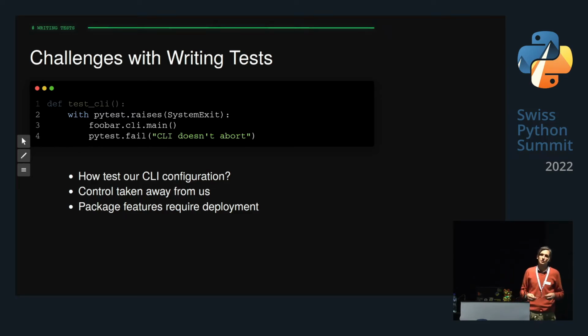Because we have these annotations with Click, and this is code that runs somewhere else, in the modules, in the package. We don't want to unit test the Click package or docopt or argparse, but we want to test the configuration because that's code that we wrote.